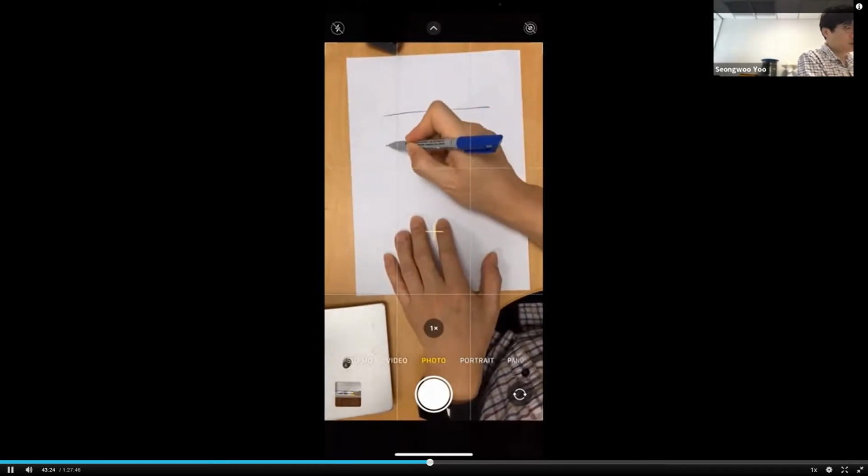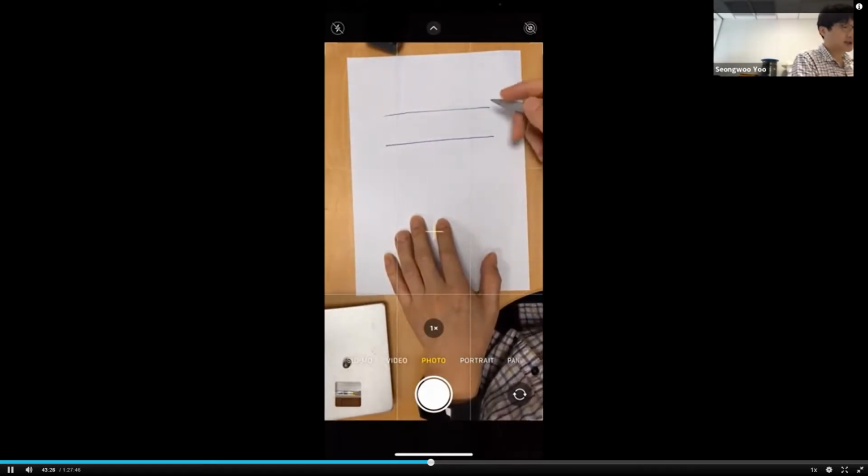I'm going to draw 2 horizontal lines which represent the interface between the air and the film. So above this, the horizontal line is air, and then below we have a film with the refractive index n, where the film is floating in the air, in other words, below the film is also air.